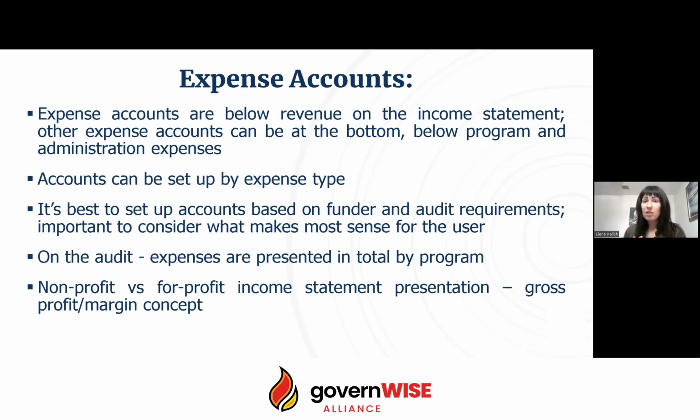For financial reporting to be useful and meaningful to our users, our expenses need to be set up in categories that make sense to the users. Normally they're really straightforward. They can be like wages and salaries, subcontracts, travel, office, IT, whatever makes sense, right?